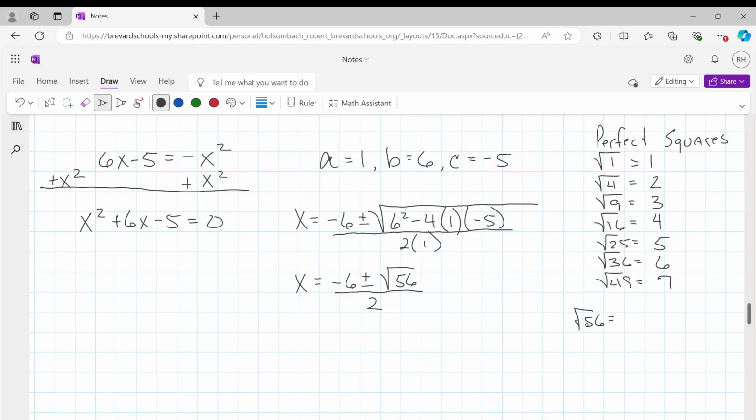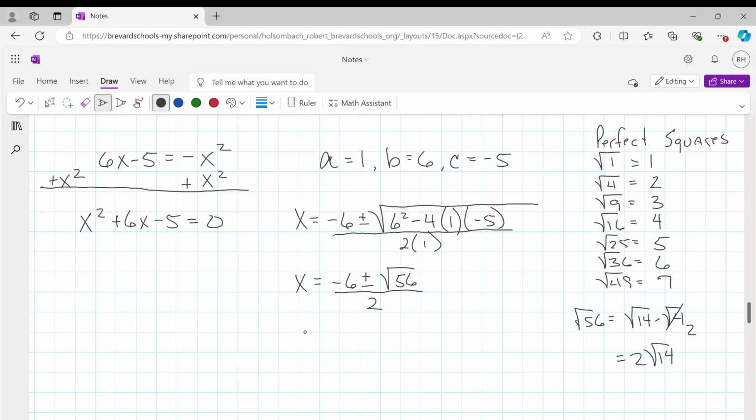All right, the square root of 56 is equal to the square root of 14 times the square root of 4. The square root of 4 is equal to 2. So you can rewrite the square root of 56 as 2 times the square root of 14. All right, so that's what we have to do in this solution.